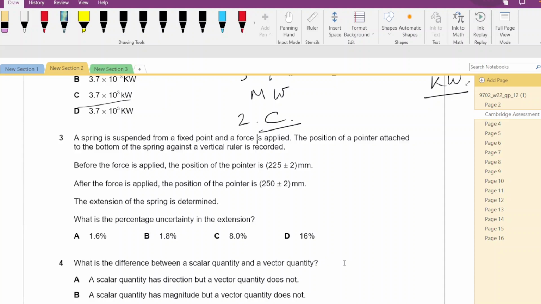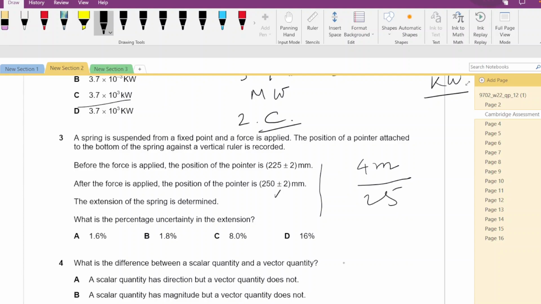In this case, the uncertainty in extension is 4 millimeter. And the extension is 250 minus 225, which is 25.